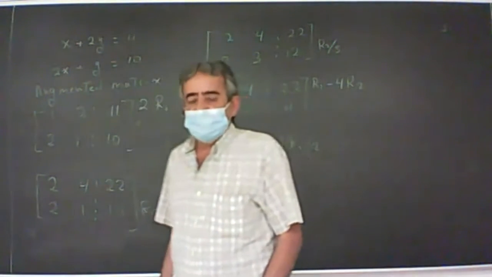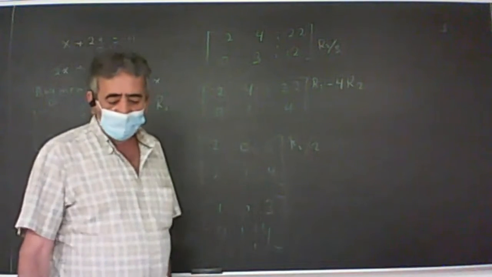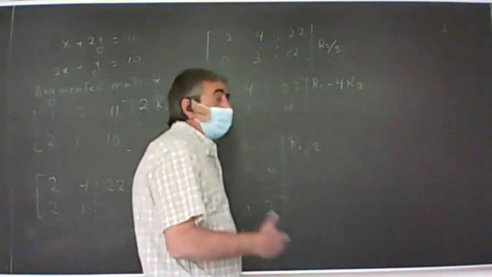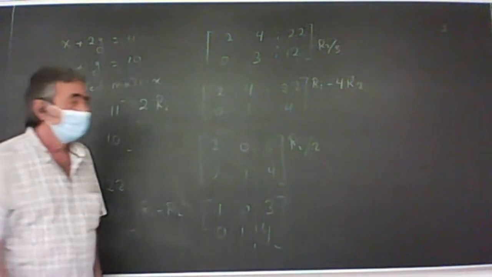Okay? Let's take an example solving a system of equation with, say, 3 variables. Okay? And we'll explain what we need to do and how to solve it every time.